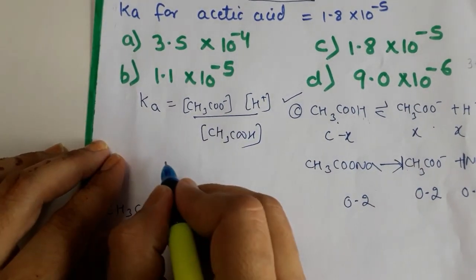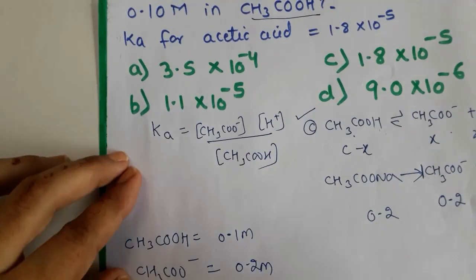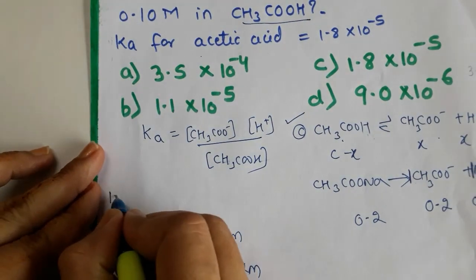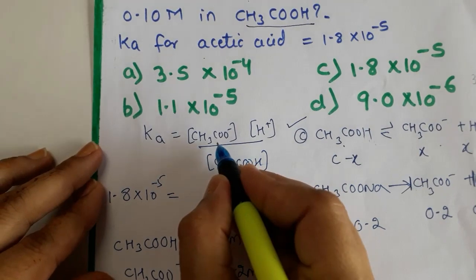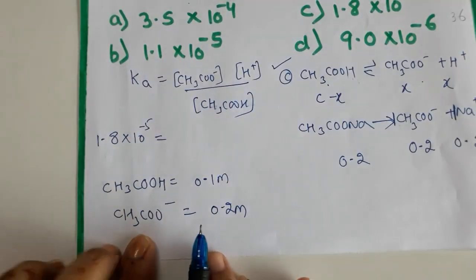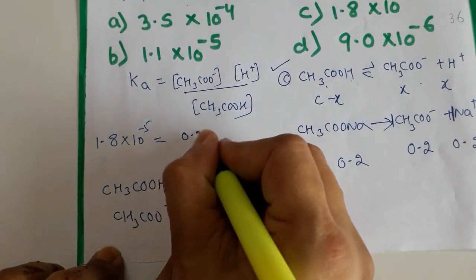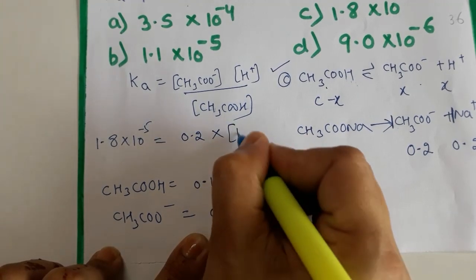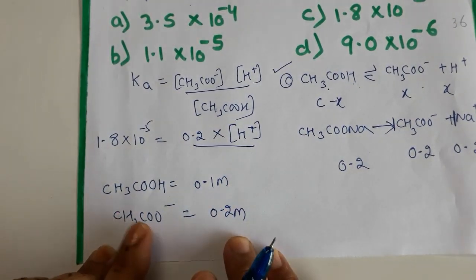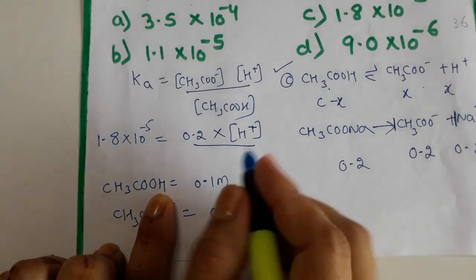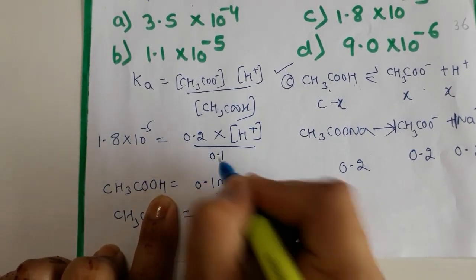Now Ka value is given, students. What is the value of Ka? It is 1.8 into 10 raised to minus 5. Concentration of acetate ion, just check, it is given 0.2, multiplied by concentration of H plus, which we have to find out, upon concentration of acetic acid, which is 0.1.